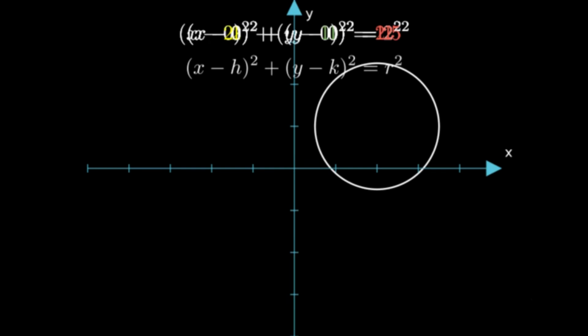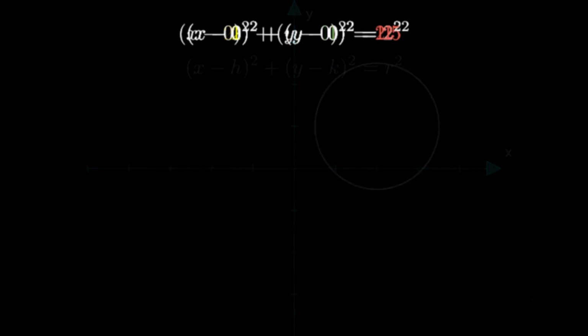The standard form of the circle equation provides a powerful and concise way to describe any circle. By adjusting the parameters h, k, and r, we can precisely control both the position and size of a circle. This makes it much easier to work with circles in coordinate geometry. The standard form of a circle equation connects algebraic expressions to geometric properties.